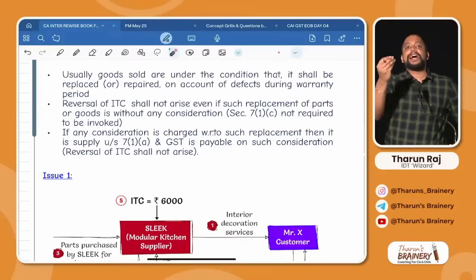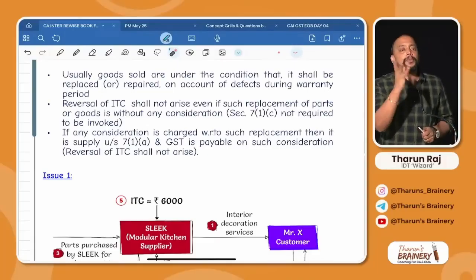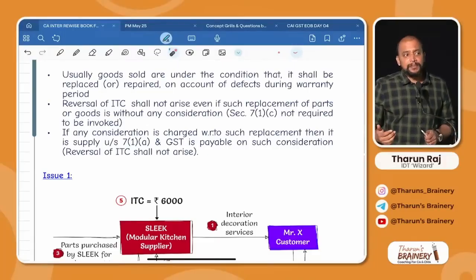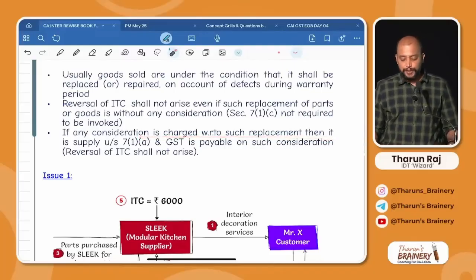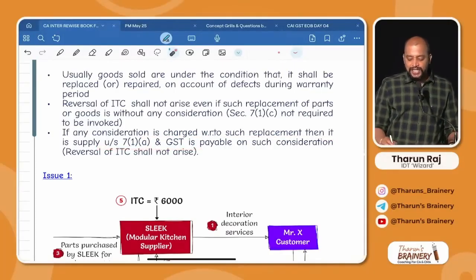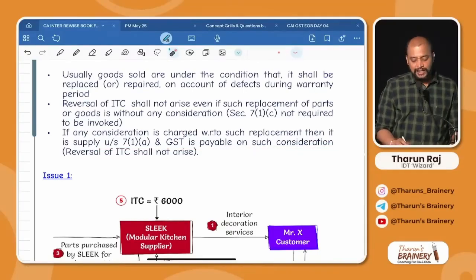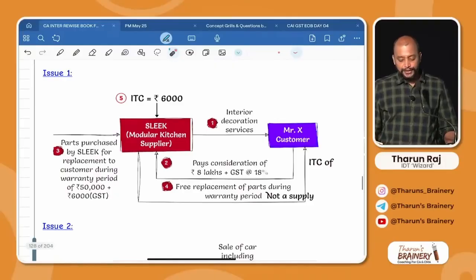And what if we charge some consideration? Say during this warranty, when you replace, some nominal amount is charged. Will that become supply under 7(1)(a)? Yes. If any consideration is charged with respect to such replacement, then it is supply under 7(1)(a), and GST is payable on such consideration, and reversal of ITC in that case also shall not arise. Looking into this, issue number 1.